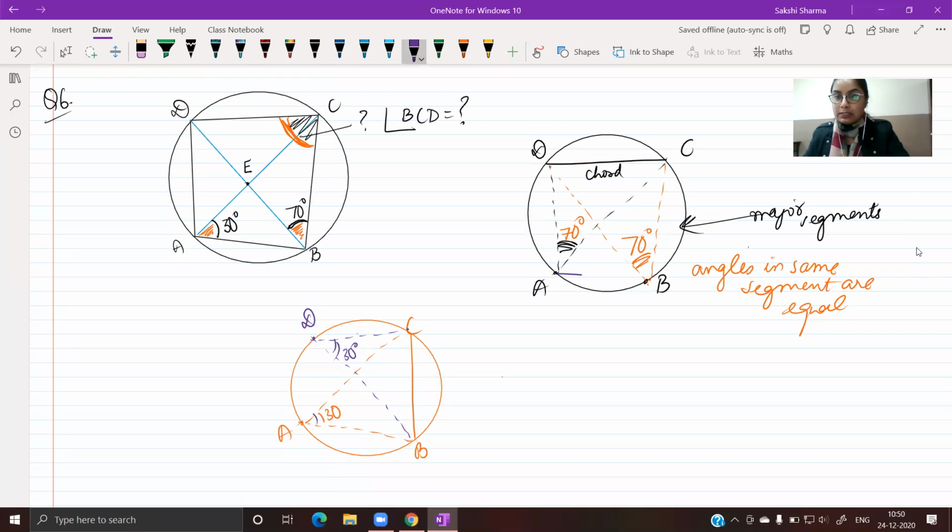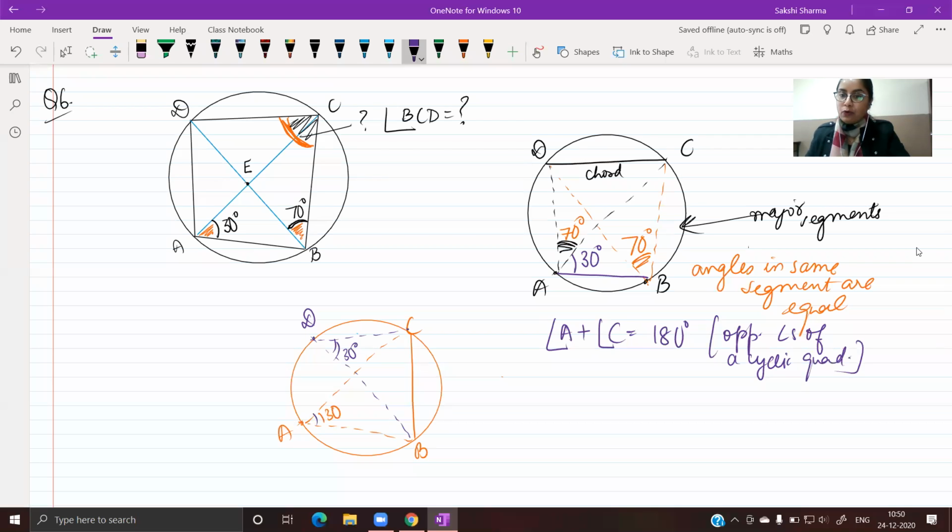Then, completing the figure, we were given that this angle is 30 degrees. Now I can say that angles A and C are supplementary. These are opposite angles of a cyclic quadrilateral. And from here you can find angle C. This is the first method.